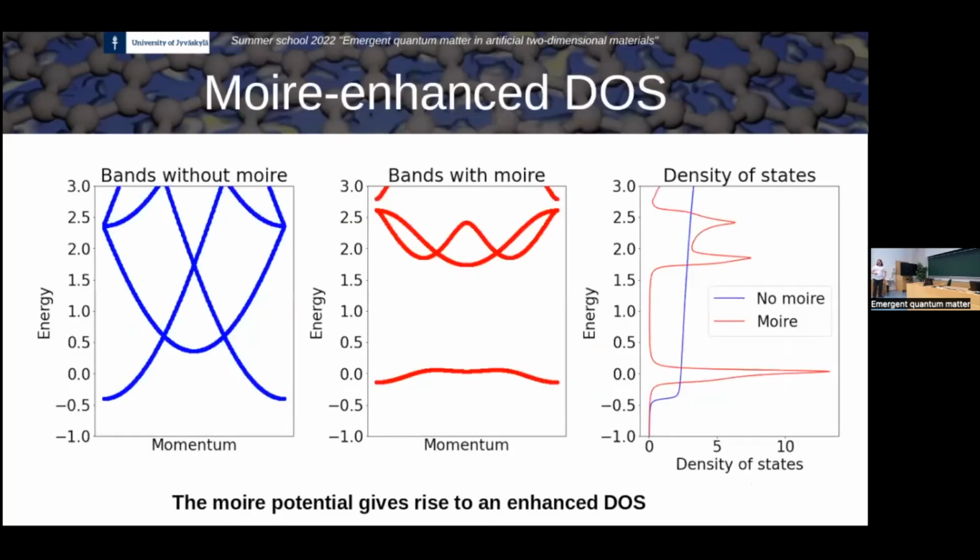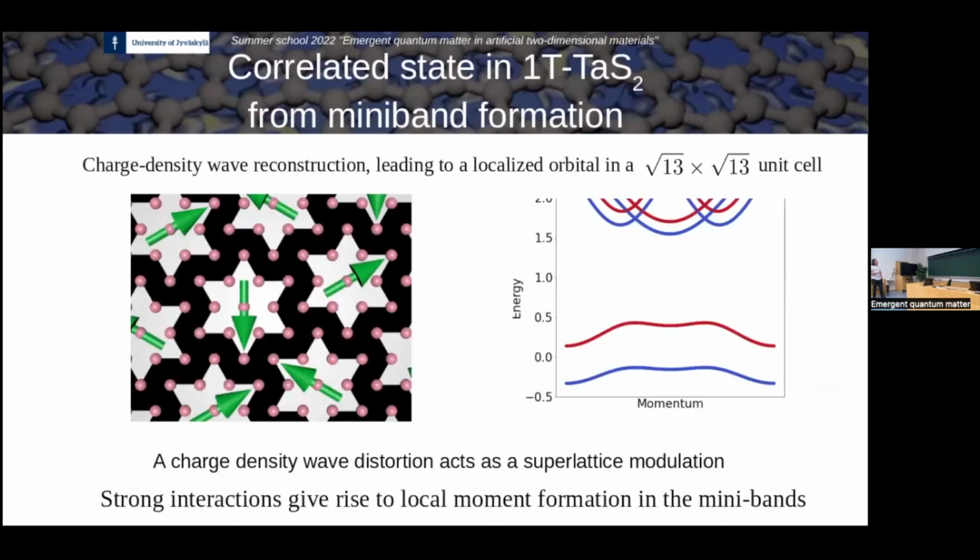And then once you have this moire miniband, the residual interactions give rise to a local magnetic moment. So in the case of 1T tantalum sulfide, tantalum selenide, and even the sulfide, this correlated state that appears is actually a consequence of the moire electronic structure driven by the charge density wave.